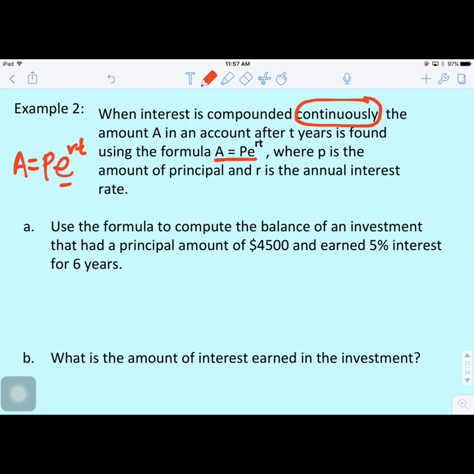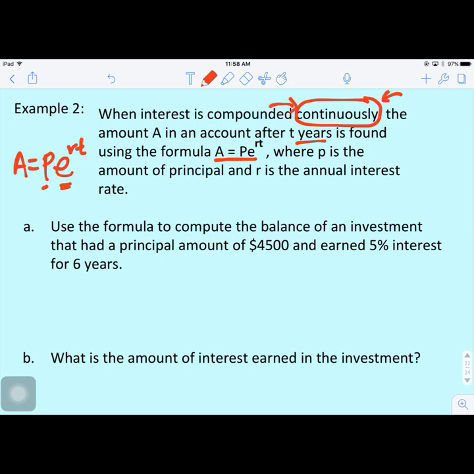Notice PERT is A equals principal times e to the r times t, where r stands for the rate and then t is the time. And t is also always expressed in years. So easily you can remember this formula as A equals PERT, and again it deals with the magic word continuously.